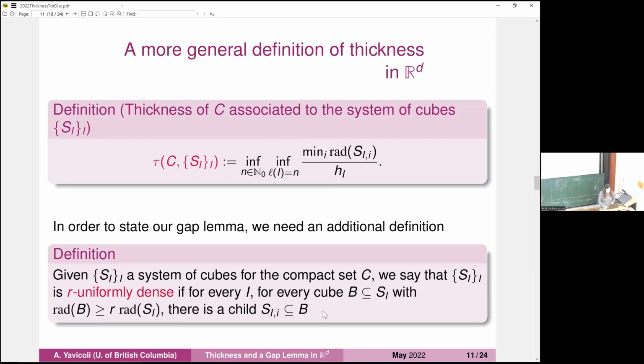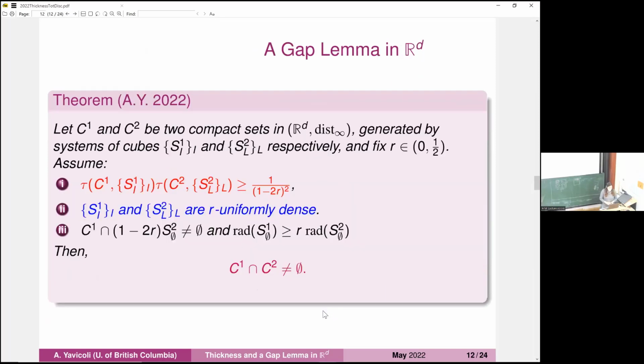Okay, so with this definition, I was able to prove a Gap Lemma in R^d.